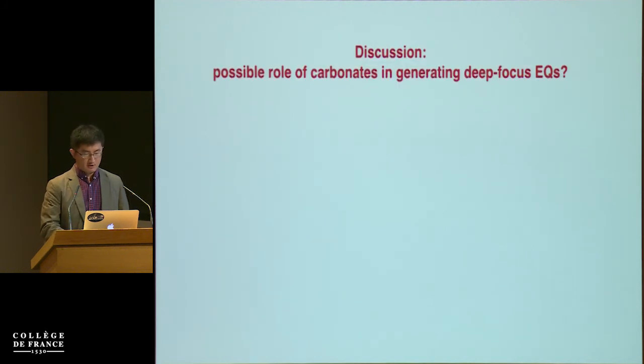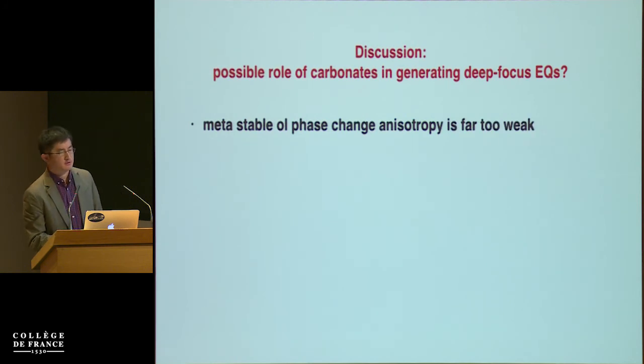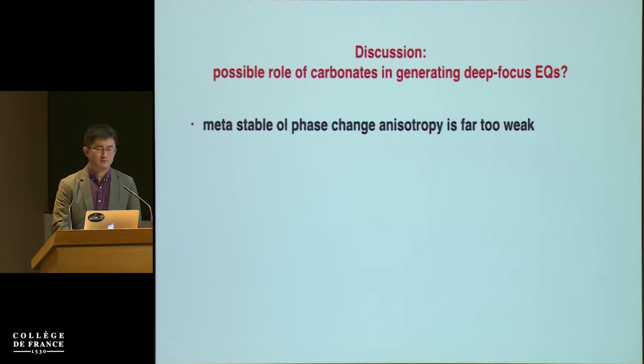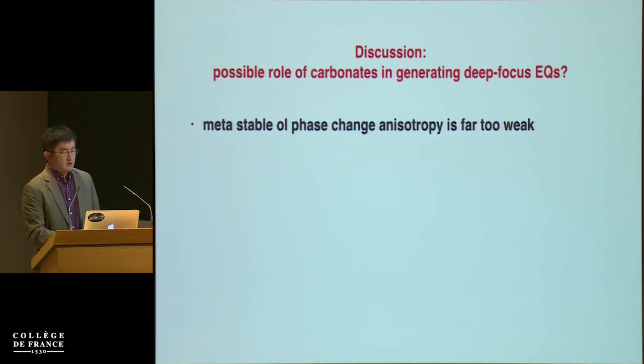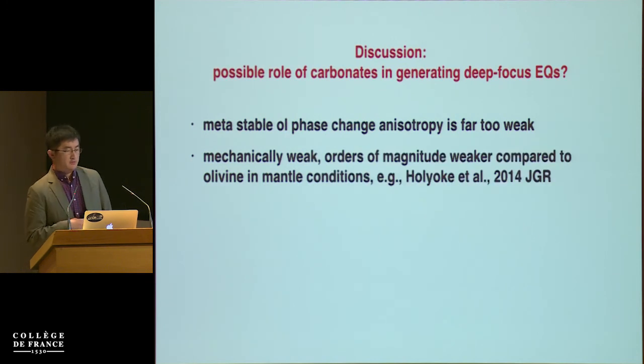So the discussion is, I propose possible role of carbonates in generating deep focus earthquakes. The reason is the anisotropy induced by metastable olivine phase is going to be very weak. It's far weaker than the value we inferred here.